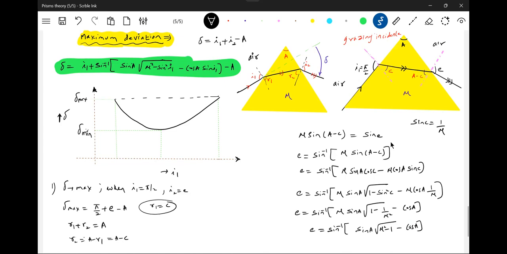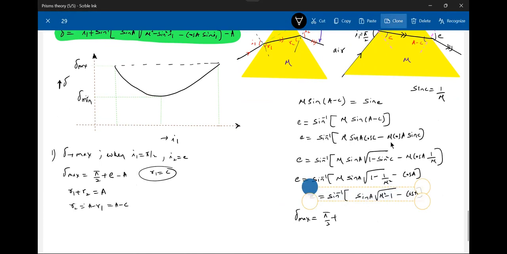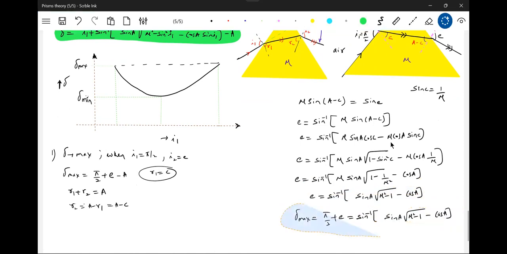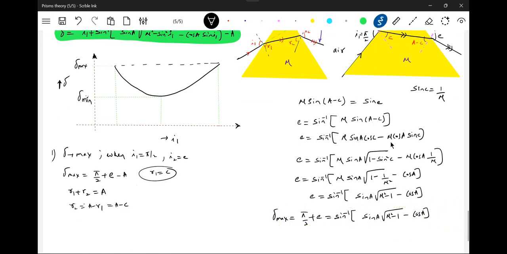So substituting this expression for delta max, the maximum deviation, I got the formula pi by 2 plus this one minus E. This is that expression for maximum deviation.